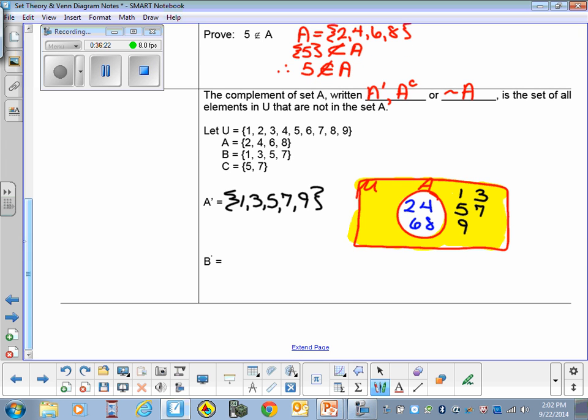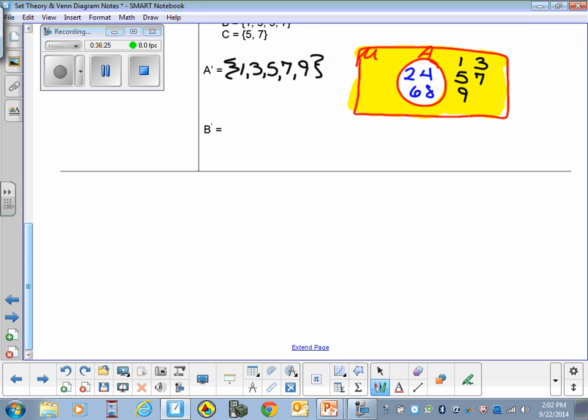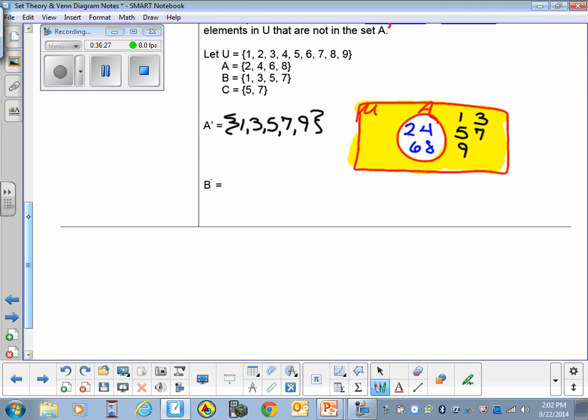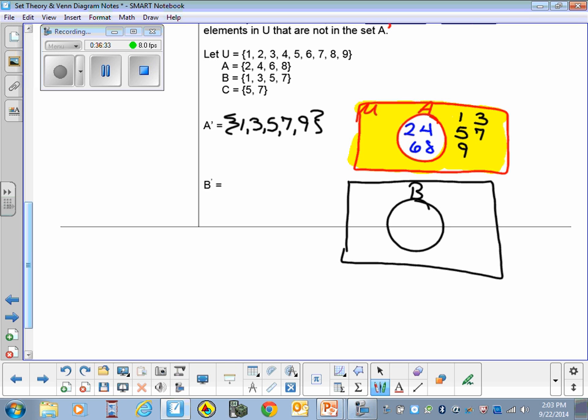Another way to do it is to draw your Venn diagram and actually label the set the complement.